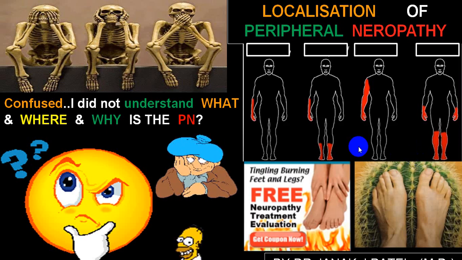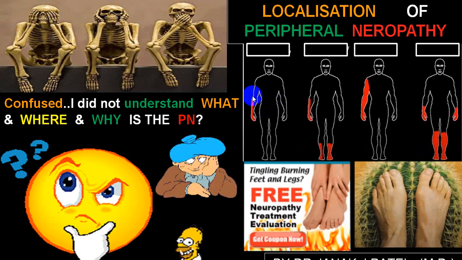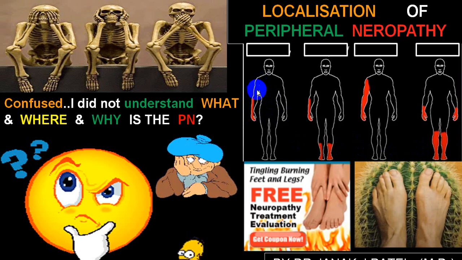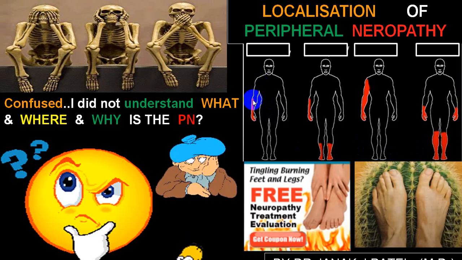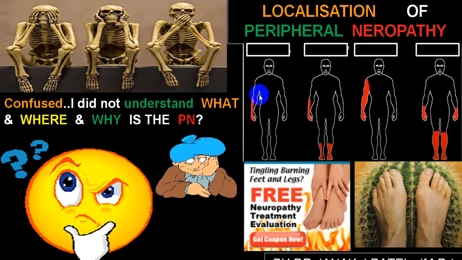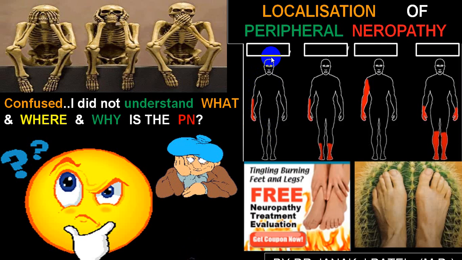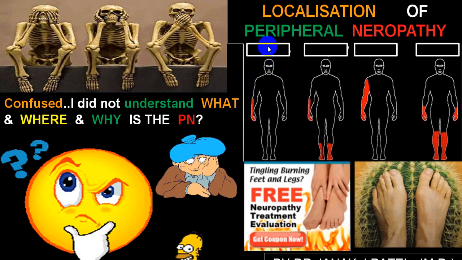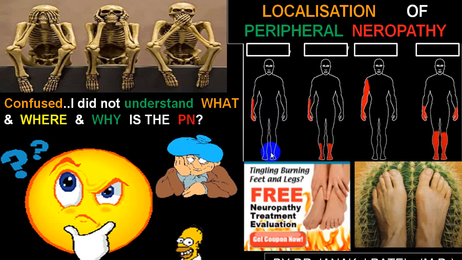You can see here in this first picture, only one portion of the body is being involved, that is the right upper arm, and also in the right upper arm, the forearm, and even in the forearm, a very small portion is being involved. This means it is not involving the complete right side of the body, so it cannot be central nervous system, because usually in a central nervous system lesion we get involvement of the entire half of the body.